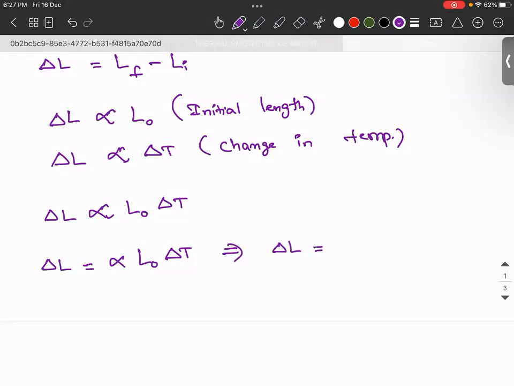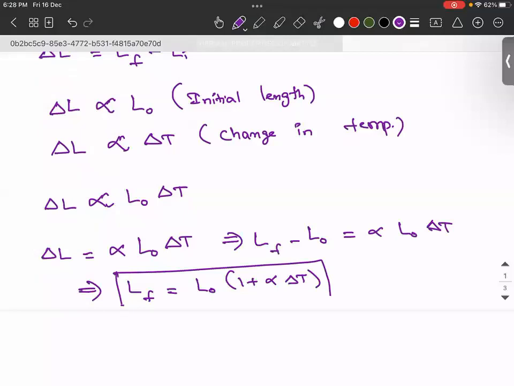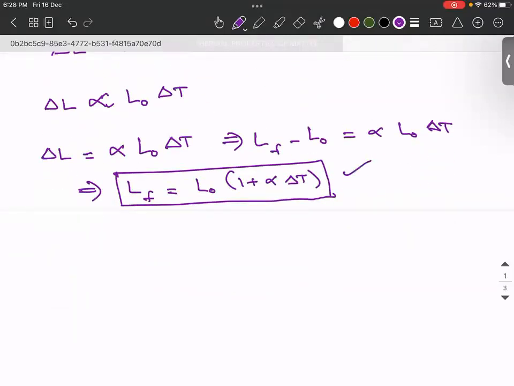delta L is basically L final minus L naught, which is equal to alpha into L naught into delta T, which implies L final will be equal to L naught into 1 plus alpha into delta T. So this is going to be the final length of the conductor.